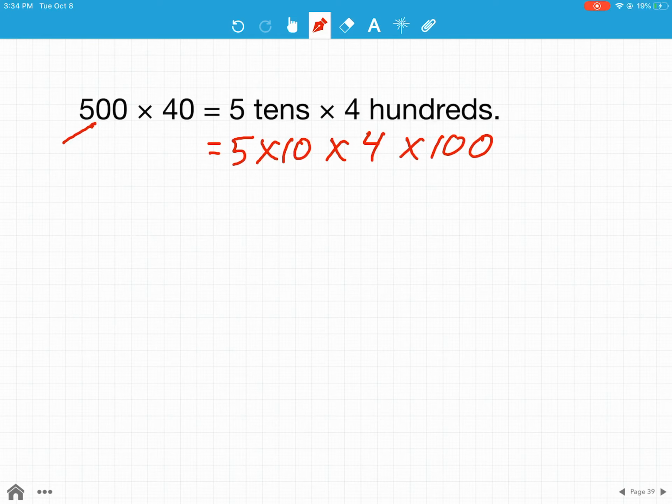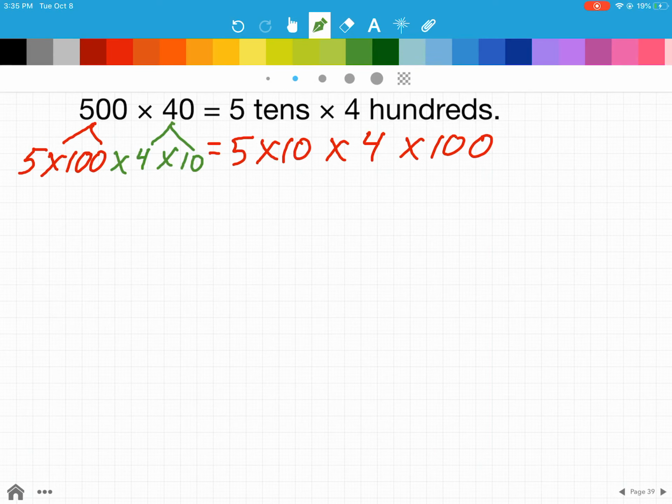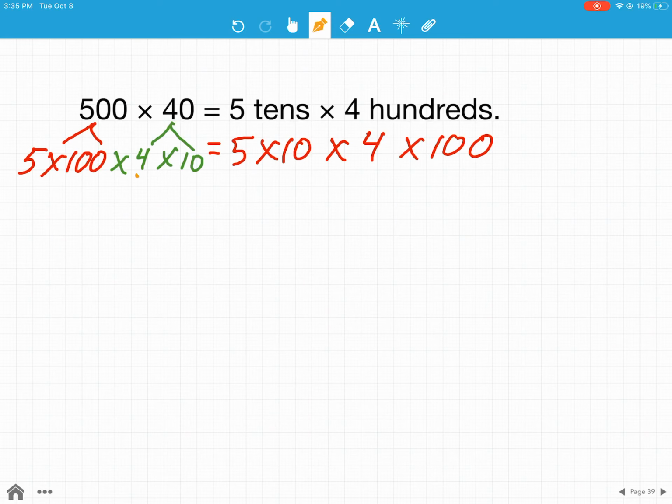And over here we can break this apart to 5 times 100 times 4 times 10. Okay, hopefully you can see that we have a 4 here and we have a 4 here.